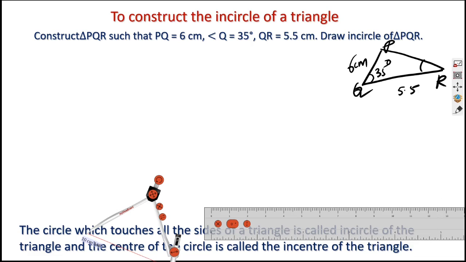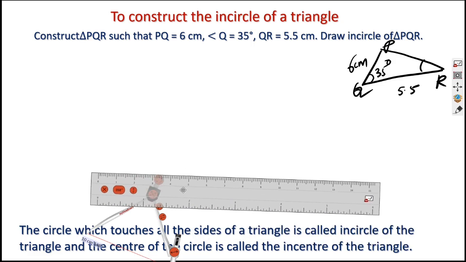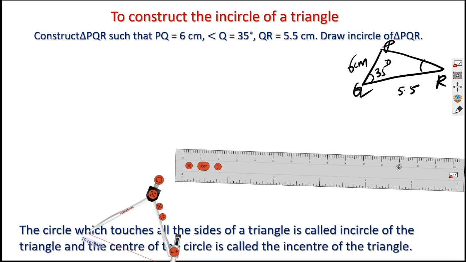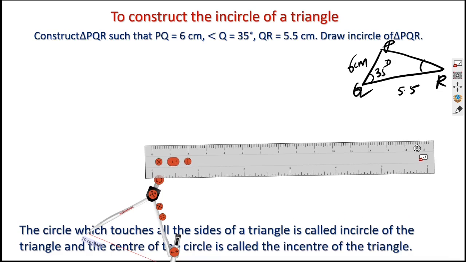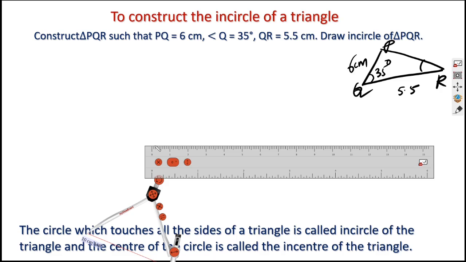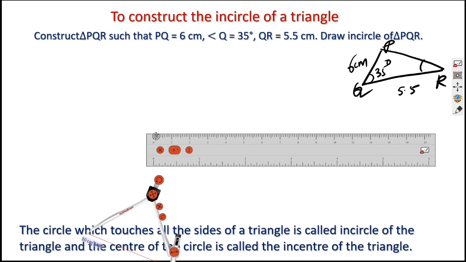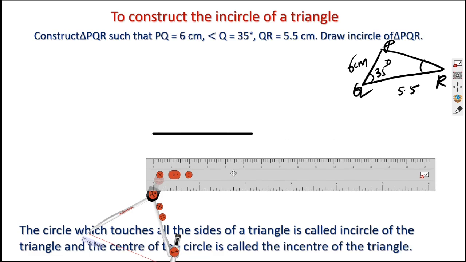Okay, so let me start with the QR as base. QR is of 5.5 centimeter. Q and R, and it is 5.5 centimeter.